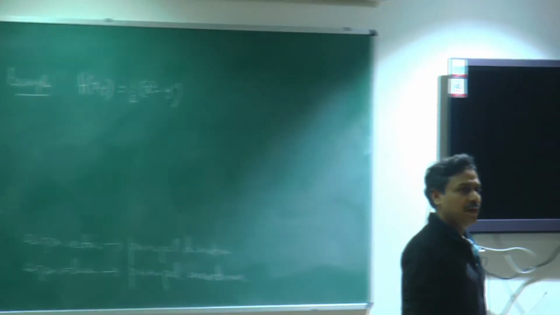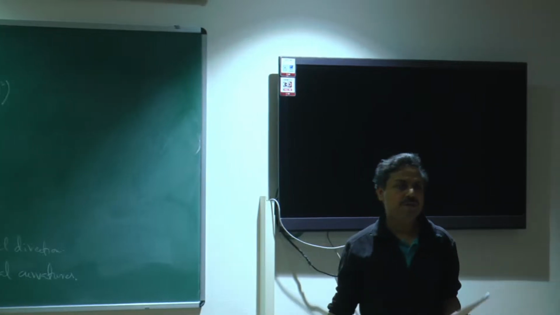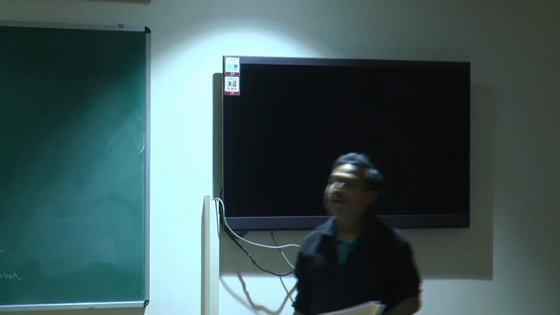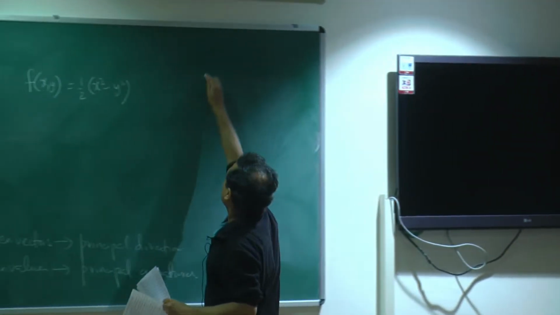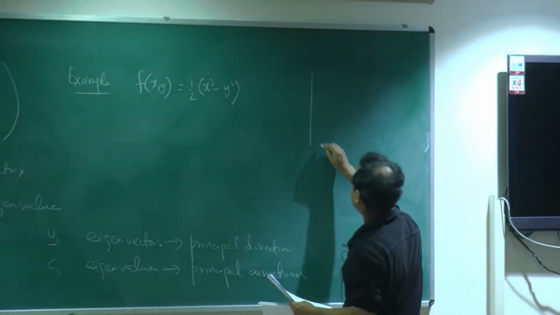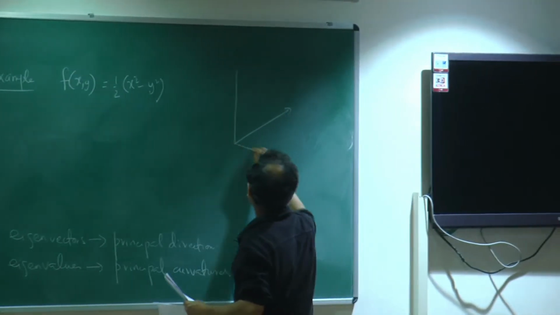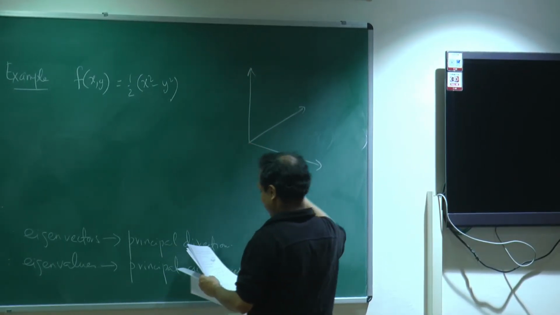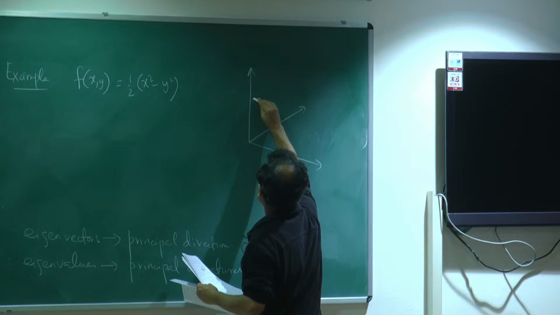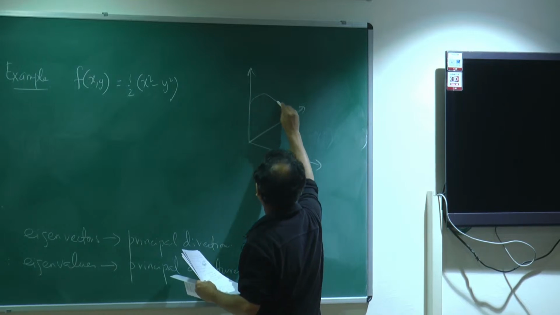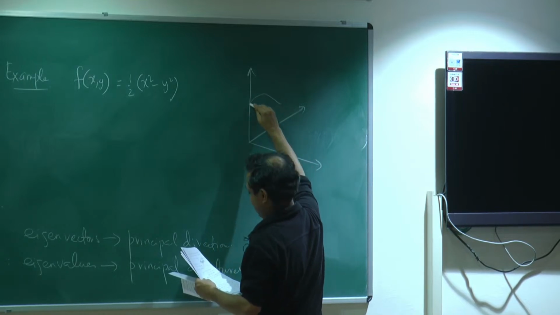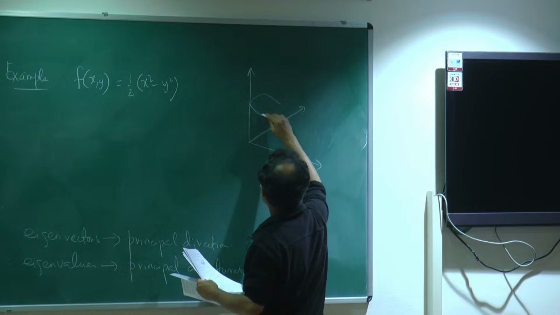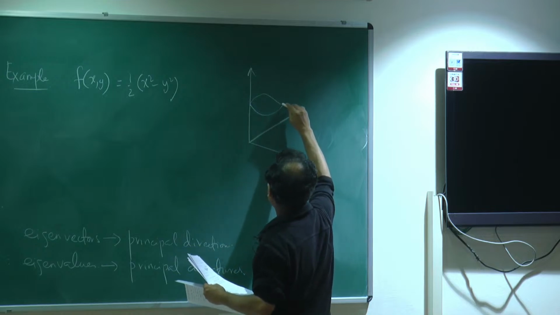You put it in your favorite software which can plot a surface, and the surface is going to look like the following. A lot of you must have already seen this surface, or at least seen a picture of it. It will be a hard one for me to draw on the board because I'm not very good at this, so that I can ensure that you see what it looks like.